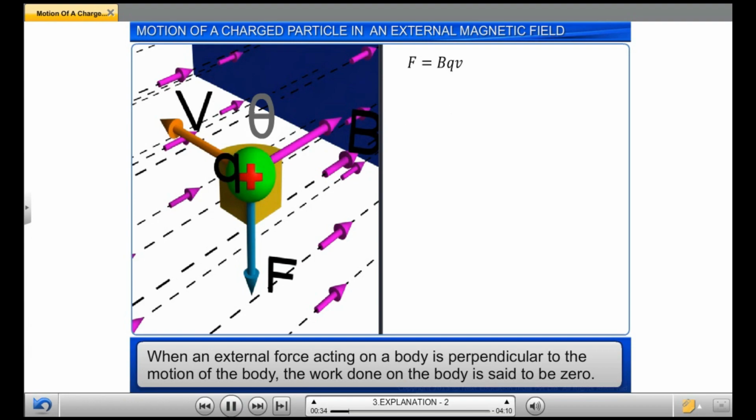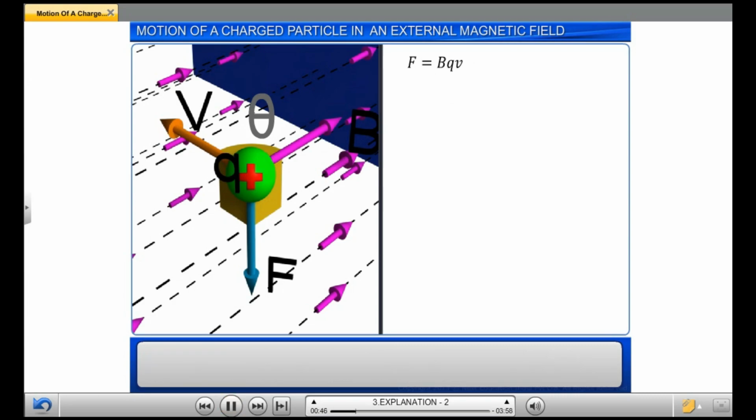We know that when an external force acting on a body is perpendicular to the motion of the body, the work done on the body is said to be zero. In other words, in the expression for work done, W is equal to Fs cos theta, if theta is equal to 90 degrees, we get W is equal to 0.